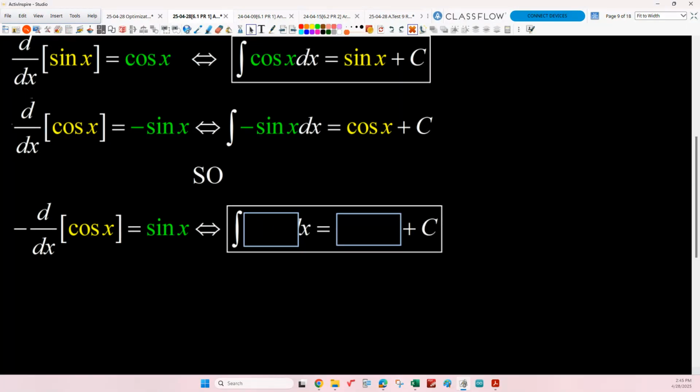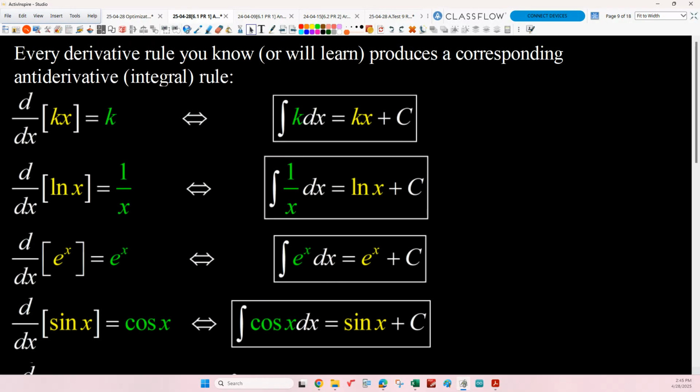But what do we know about differentiating? If I have a constant out in front of a derivative, that's the same thing as having the constant multiplied by the function inside the derivative, right? And we know that because of our rule that we started off with, right here. That k could be outside, couldn't it? Isn't that one of our rules? We can always pull a constant outside of a function when we differentiate.